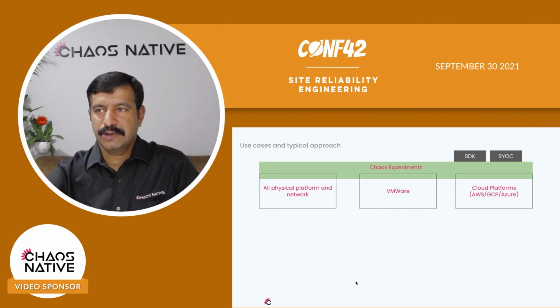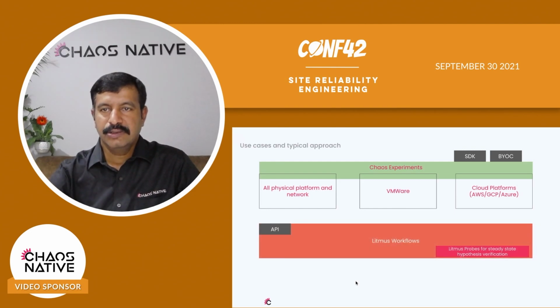So the typical approach is you have a lot of experiments of various types, and you have a good SDK as well. If you want a new experiment, you can write one. And if you have chaos experiment logic already, you can pull it in through a Docker container and push it into the Litmus chaos platform very, very easily.